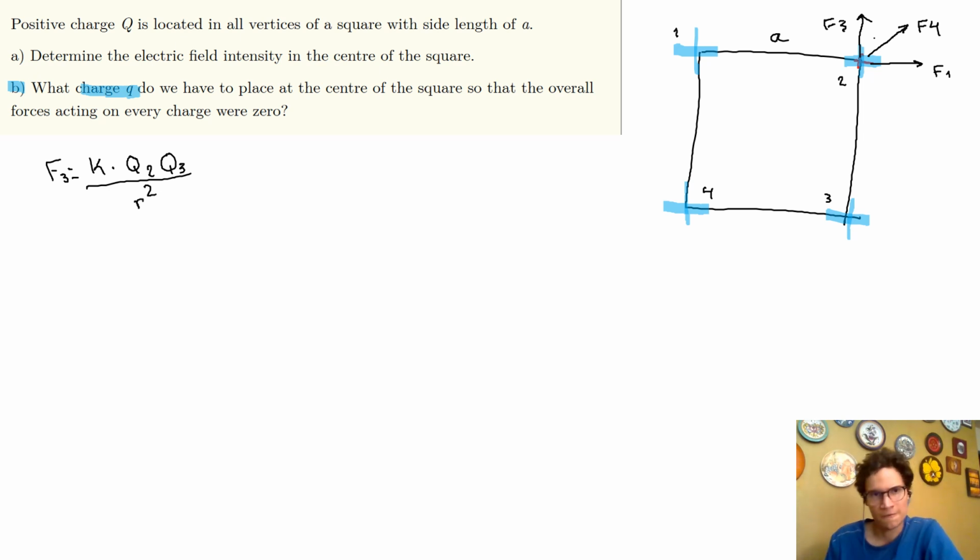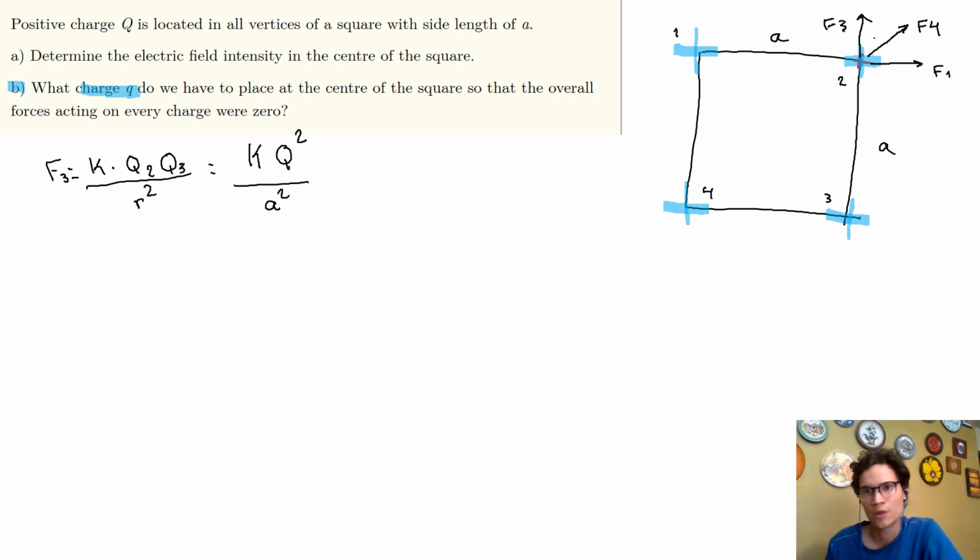And we observe that the distance between charge 2 and charge 3 is A. And we observe also that all of the charges have the same value. So this will be equal to K Q squared over the distance squared, A squared.